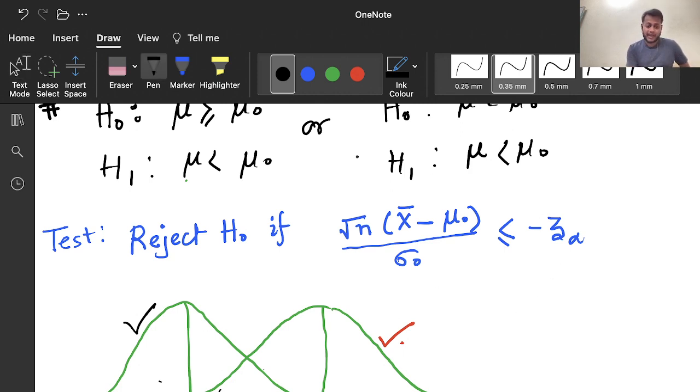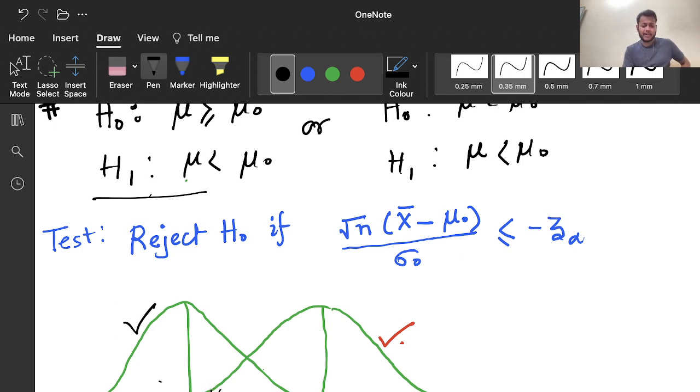Either you accept the null hypothesis, that means you say these data points are coming from this distribution, or you say these data points are coming from H1, mu less than mu 0, the second hypothesis.